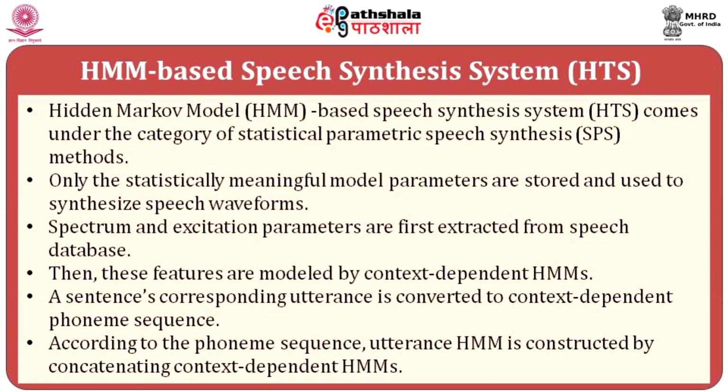Then these features are modeled by context-dependent HMMs. Here, spectrum, excitation, and duration are modeled in a unified framework. After the training, at the time of synthesis, first the given sentence which has to be synthesized is converted to a context-dependent phoneme sequence.